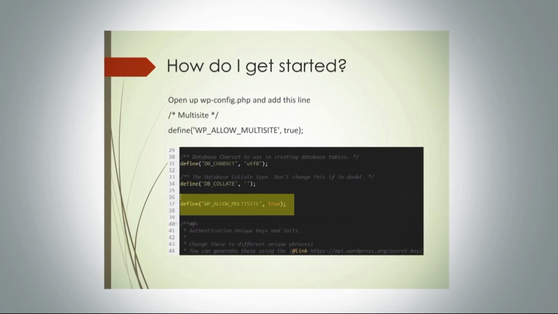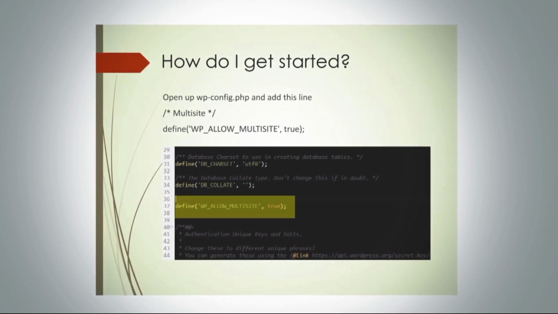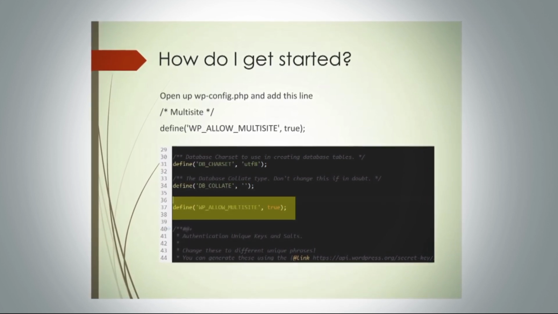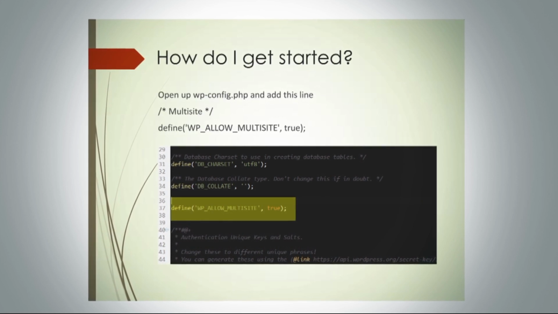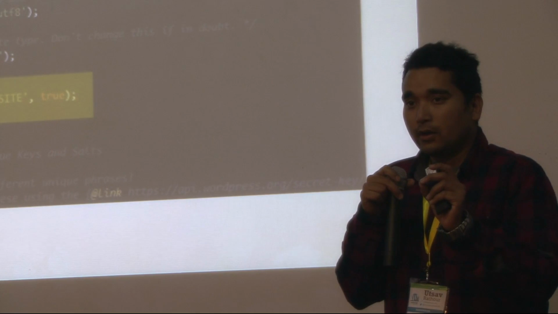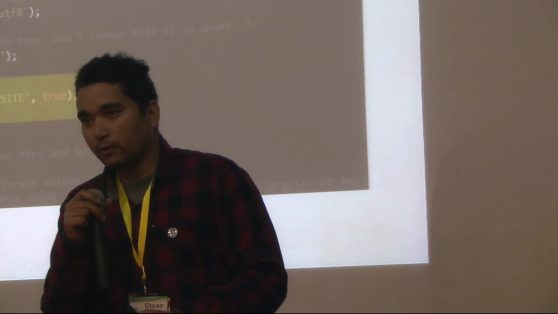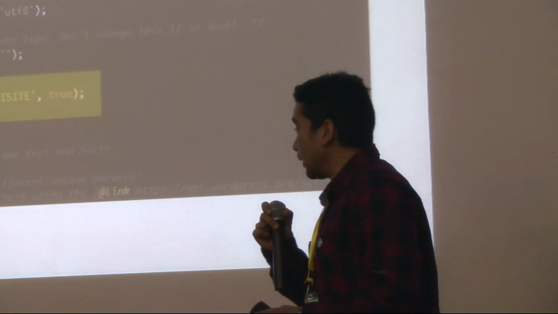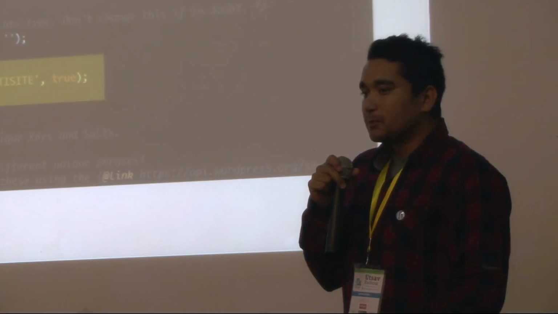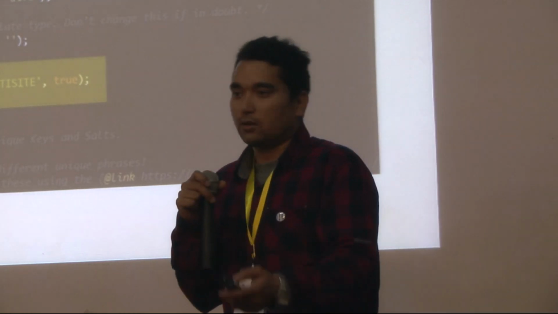How do I get started? If WordPress Multisite is saving you so much time and doing so many things for little effort, it must be very tough and hard to install, right? That is what comes to mind. But WordPress Multisite is the easiest thing you'll ever install after WordPress, obviously.